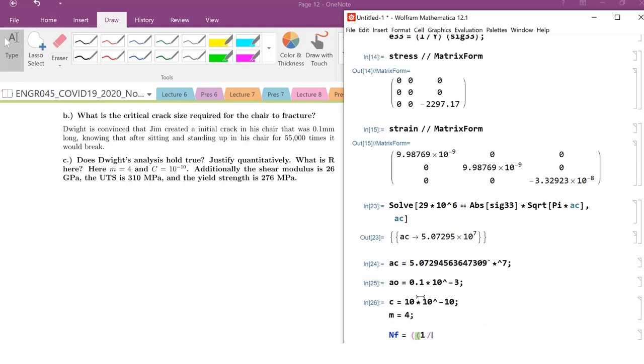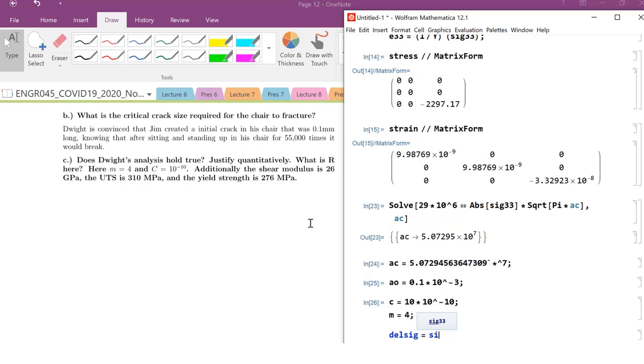So 1 divided by C times del sigma. So del sigma, remember, is just the change. In our expression, del sigma is sigma max minus sigma min.